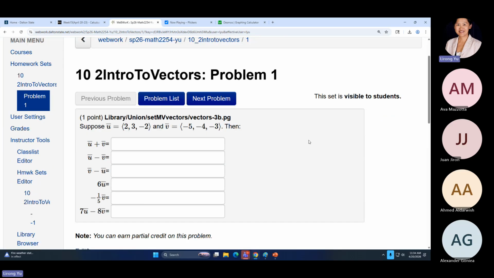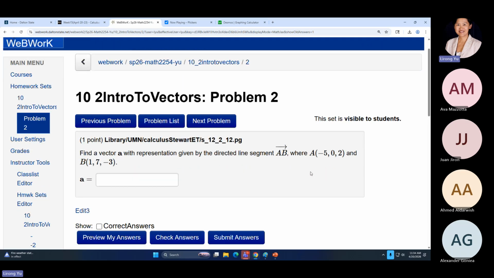All right, these are vector summation, vector subtraction, this one. All right, so this is a 3-dimensional vector starting with A. Initial point is A, terminal point is B.